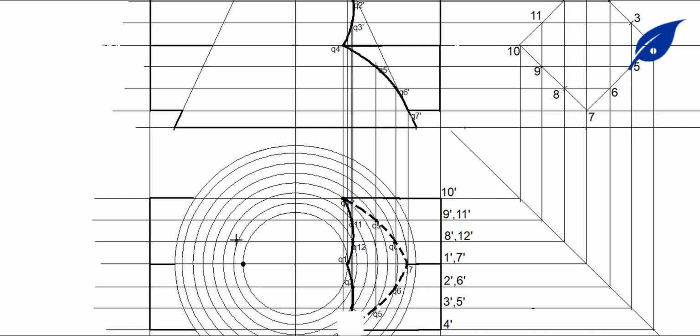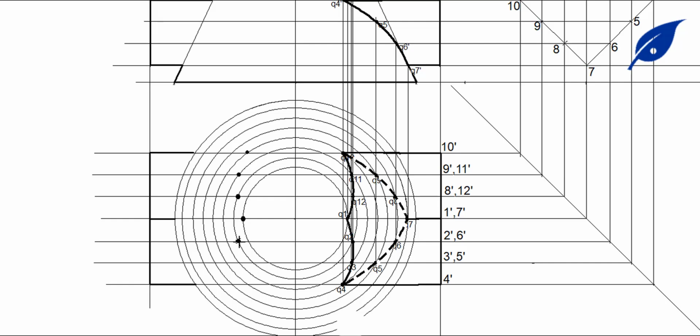So we'll obtain it for the right hand side. We'll repeat the same process for the left hand side. So these are the markings where the circles meet the horizontal projected lines on the left hand side, which will give us P1, P2 up to P12 where they meet.